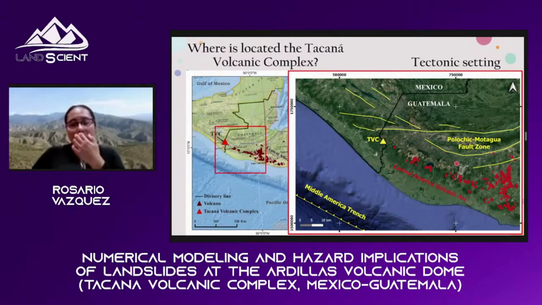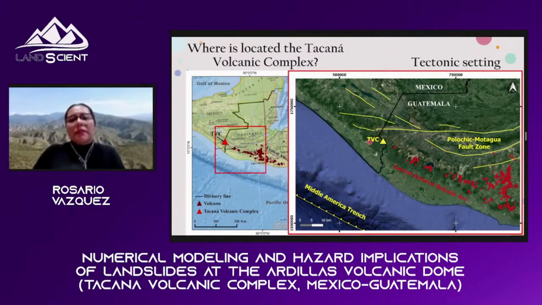And this movement results in the Polochic-Motagua fault zone that, as can be seen here, is a left-lateral strike-slip fault zone that promotes not only the volcanic activity in this region, but also there is a lot of seismicity within this zone, not only provoked by the subduction zone, but also because of the Polochic-Motagua fault zone.